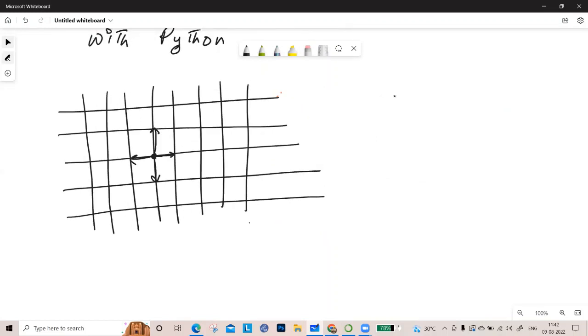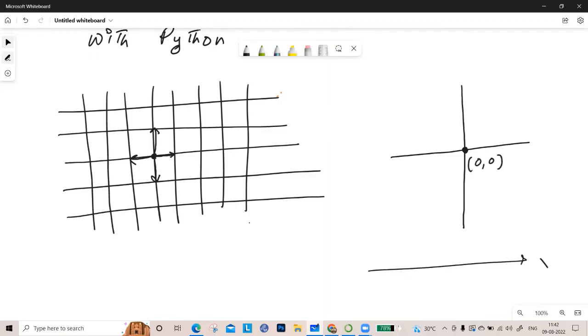If I can separately draw, suppose here is the particle, or a walker, random walker. So the initial point is 0, 0. This is your x-axis. This is the y-axis.